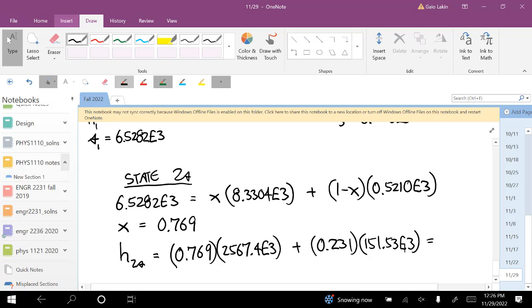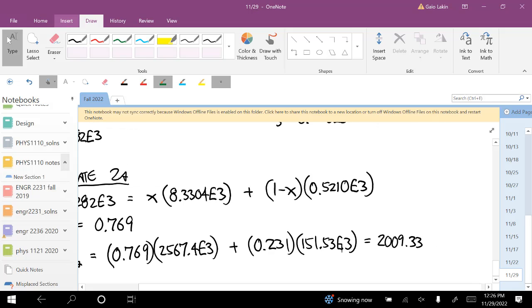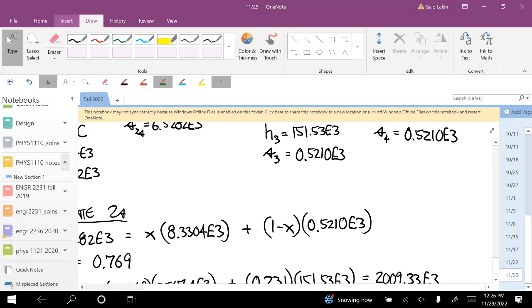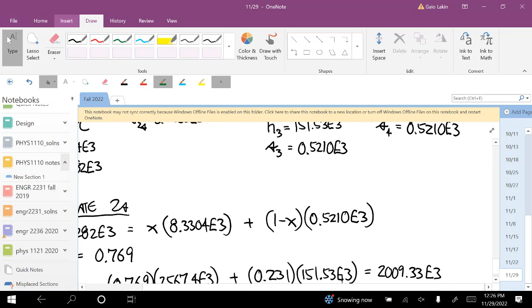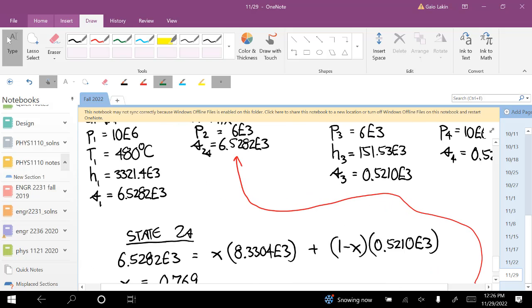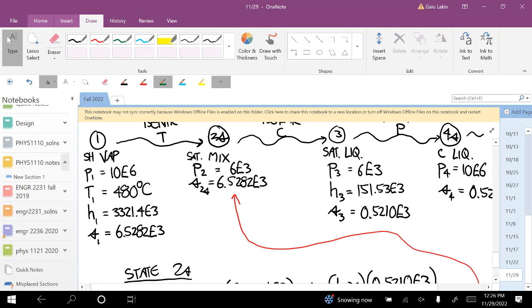And you get an enthalpy value of H2S of 2009.33 times 10 to the 3rd. So there it is. Now we have this enthalpy value that goes there. And now we have enthalpies at states 1, 2s, and 3. We just need to get it at state 4.